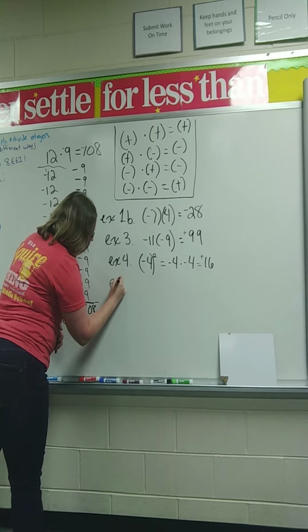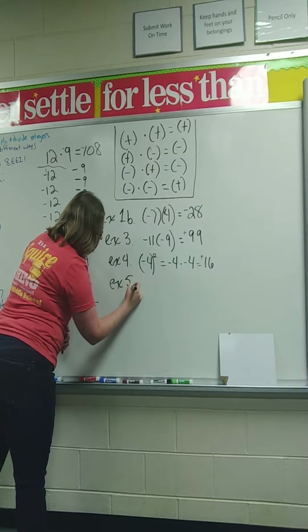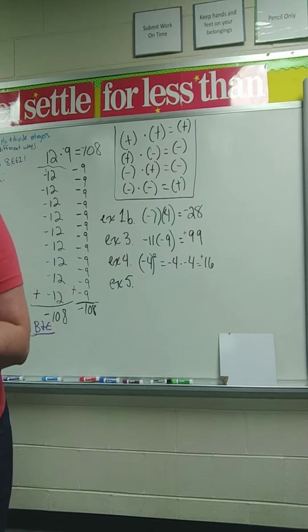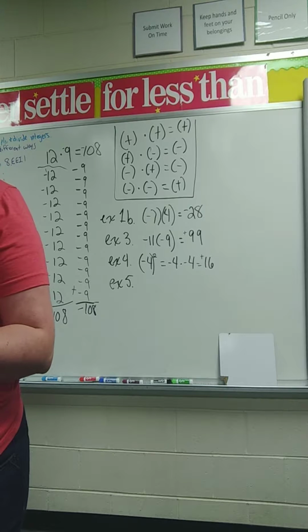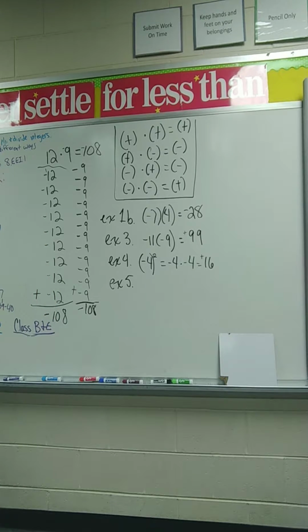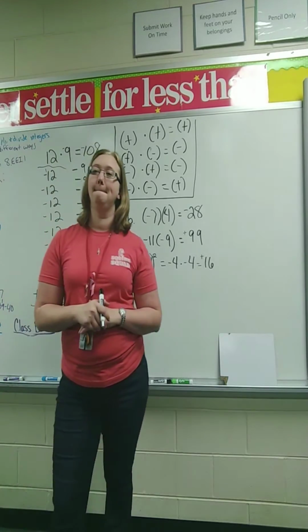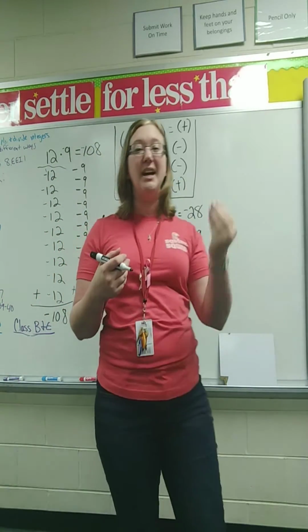And example 5. What's different about example 5? We're on page 235. It has 3 different numbers.